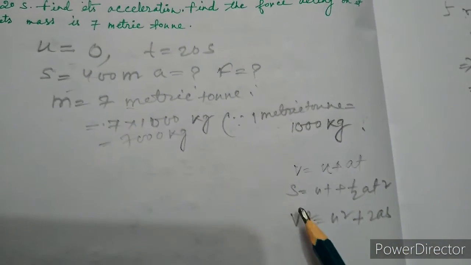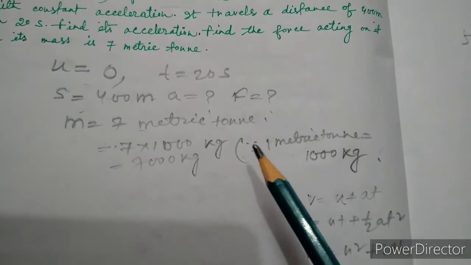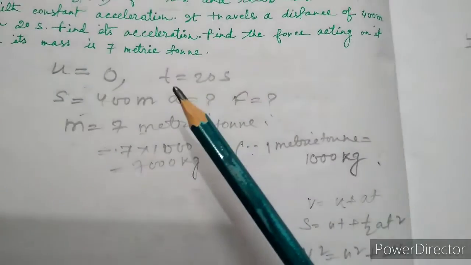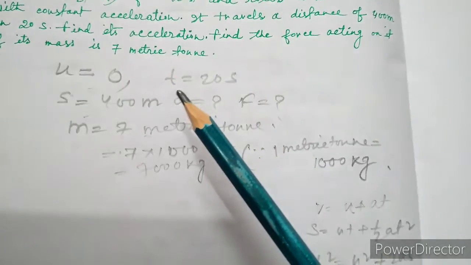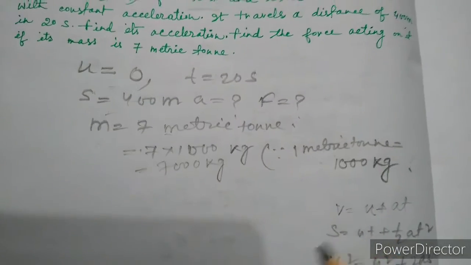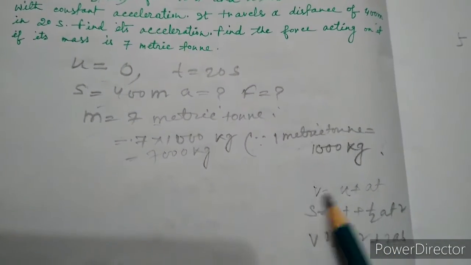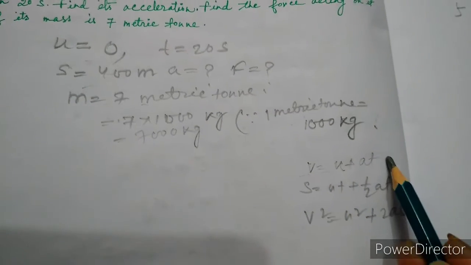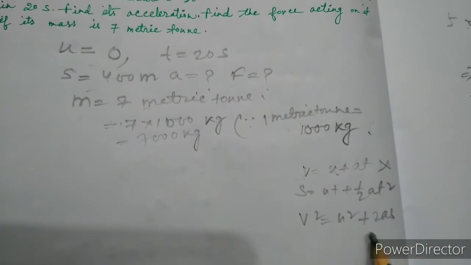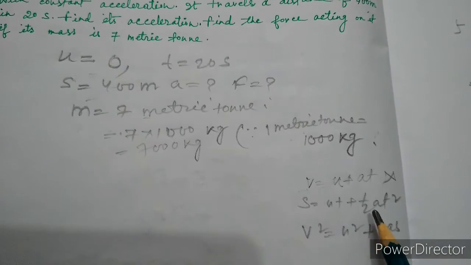From here you have to apply all the data which is given. Now select which equation is suitable for you. V is not given, so this first equation is cancelled. You cannot use this equation. Second equation, s equals ut plus half at square.